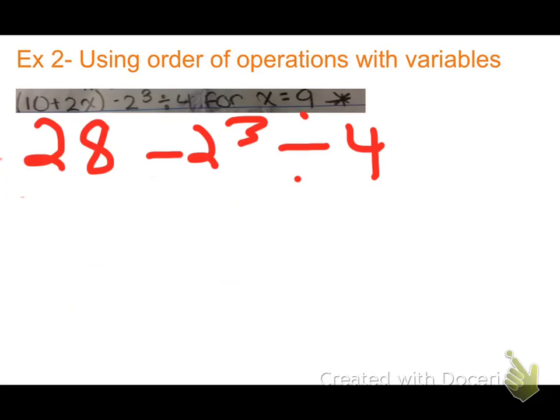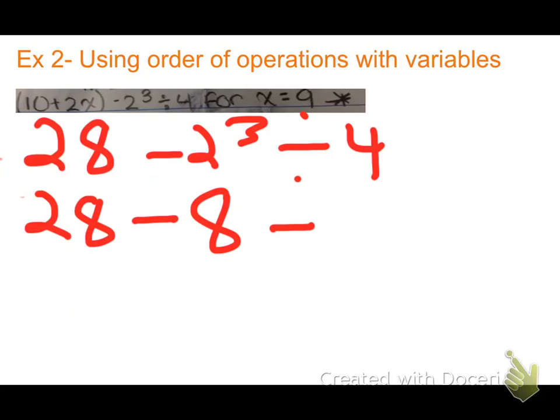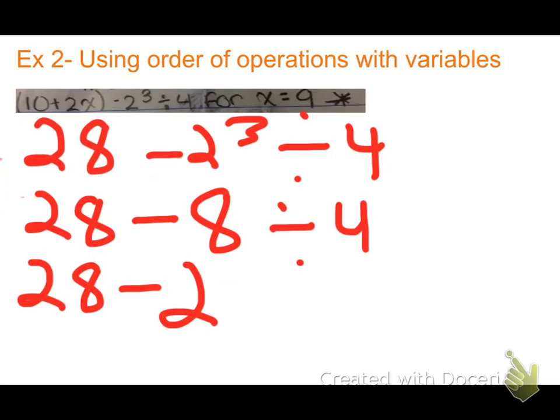And now you have to simplify the exponent, so it would be 28 minus 8 divided by 4. Now you do step 3, multiply or divide from left to right. So it would be 28 minus 2, and that equals 26.